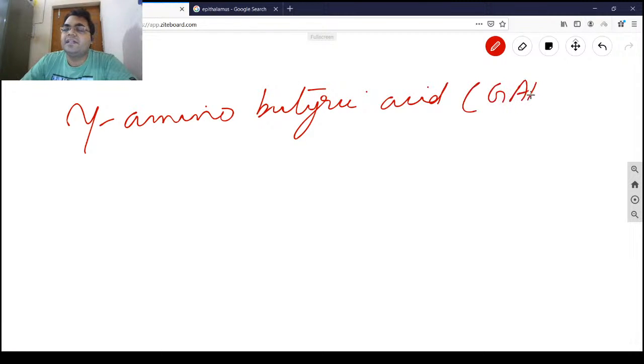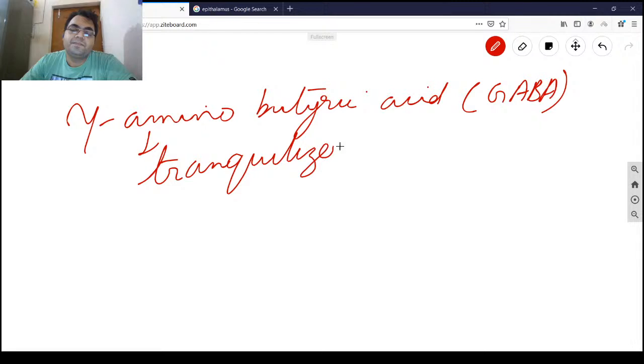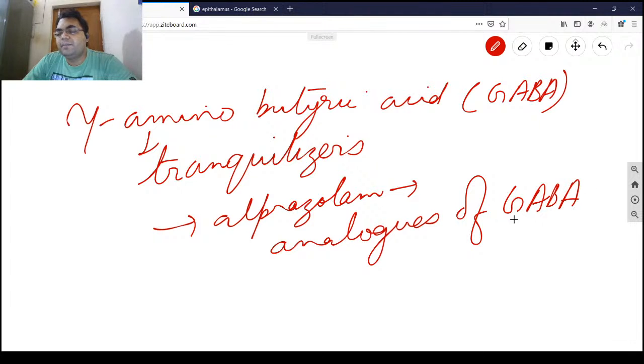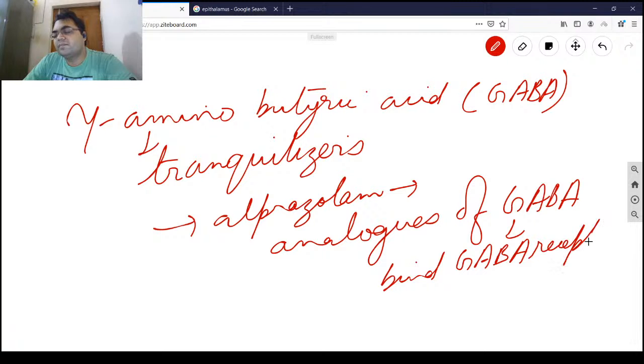Most of the sleeping pills known as tranquilizers, like alprazolam, are analogs of GABA, which bind to the GABA receptor on the postsynaptic neuron and cause the same hyperpolarization, ceasing the flow of current. Then it will not cause any neurotransmitter release onto the next neuron.